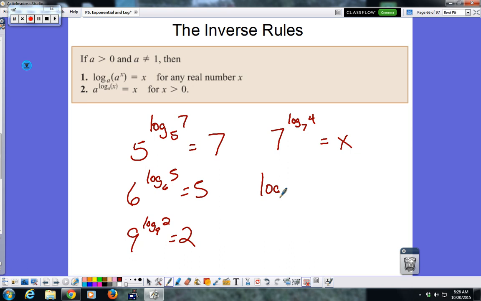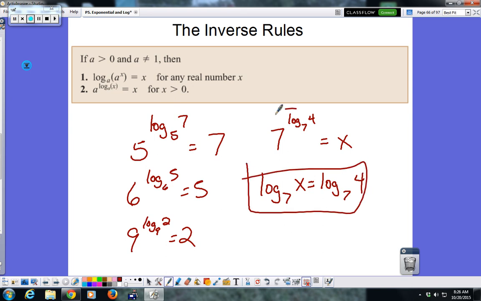This would be log base 7 of x equals log base 7 of 4. If you change that from exponential form to logarithmic form, dump your logs. Log base 7 of x, log base 7 of 4, obviously x is 4. And it always works out like that. When you rewrite that, it'll be log base this of this equals this. So therefore, your unknown will always be whatever that argument is there.